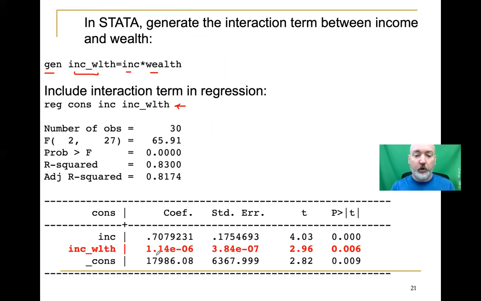And we try to interpret the coefficient. So we have what we could call the baseline level of the marginal propensity to consume, the slope here of about 0.71. And then we get a positive and significant at 1% delta 2 coefficient, the coefficient on the interaction between income and wealth.